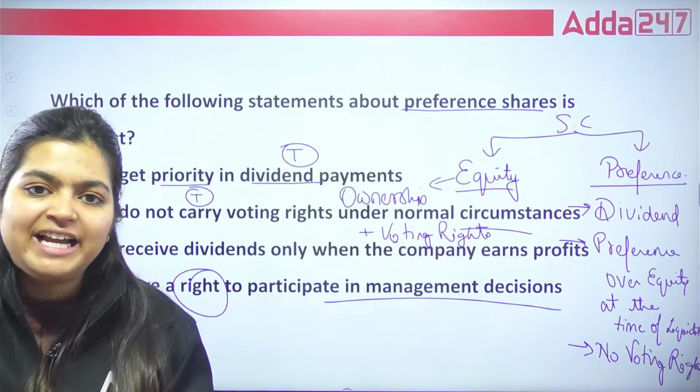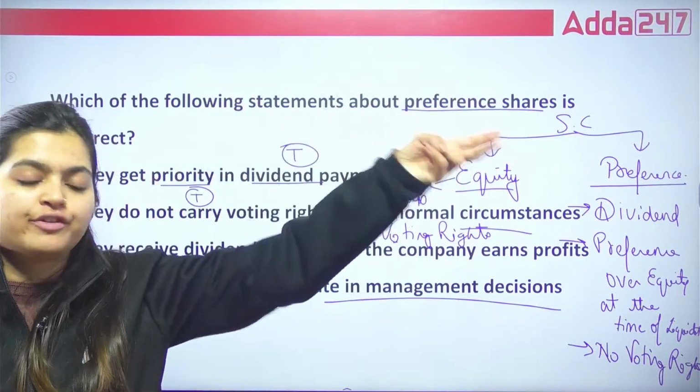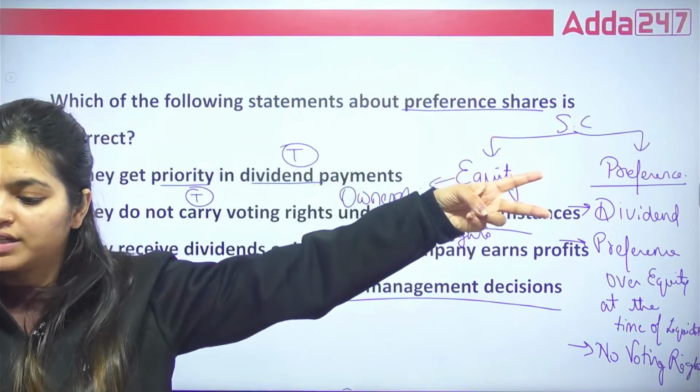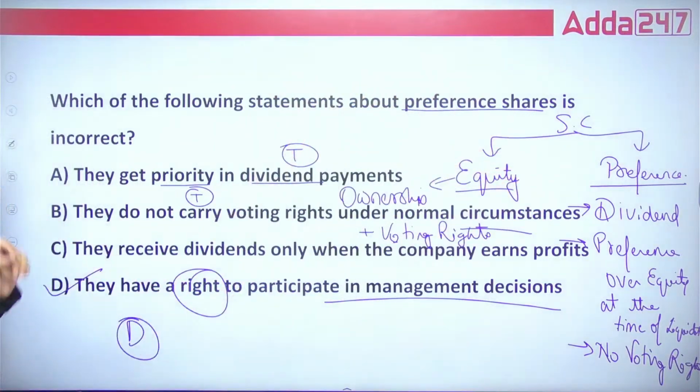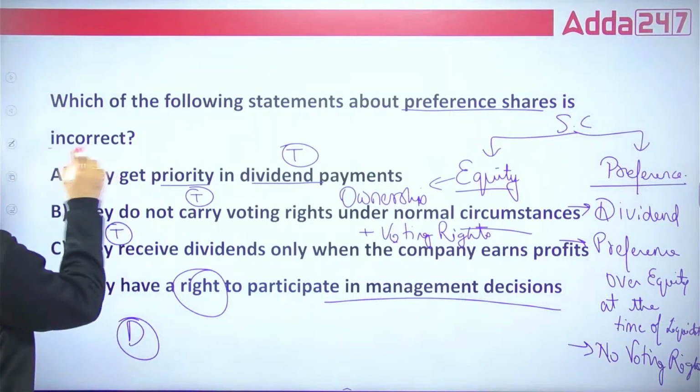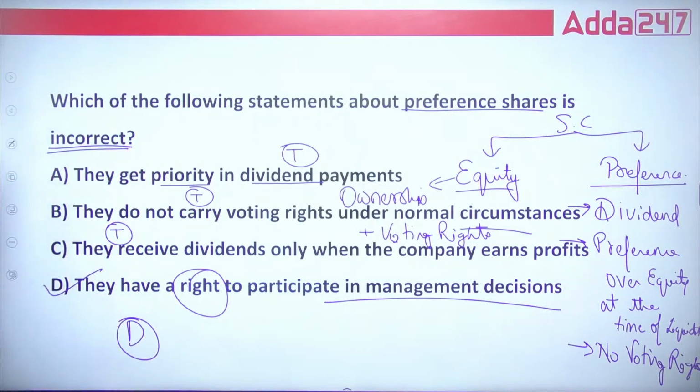Even if you are cumulative, your right will shift. Correct? So the correct answer of this statement, in which you need to identify the incorrect statement, that is your option D. So all your other three statements are correct.